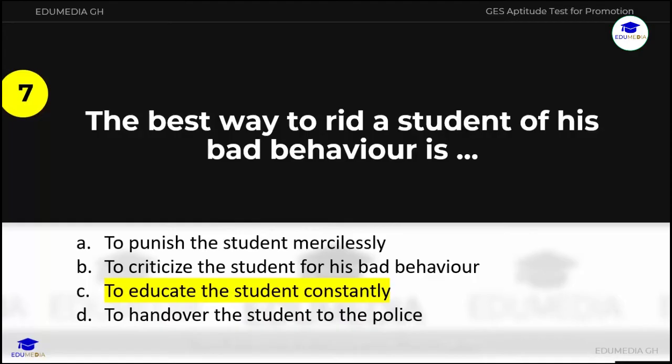This might involve setting clear expectations, providing positive reinforcement for good behavior, and teaching the child alternative ways of responding to difficult situations. It is important to work with the child to identify any underlying causes of their misbehavior, such as emotional or behavioral issues, and to address these in a supportive and understanding manner.